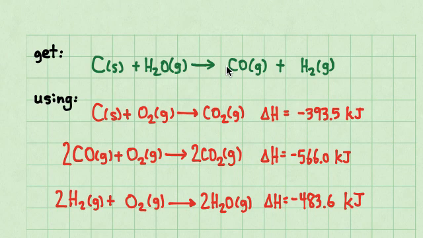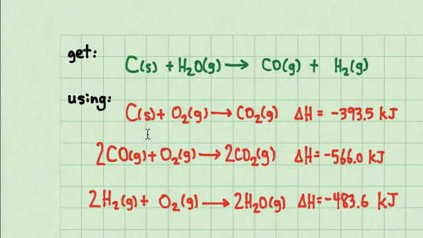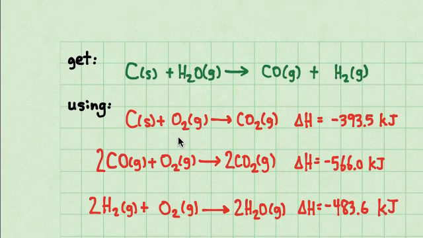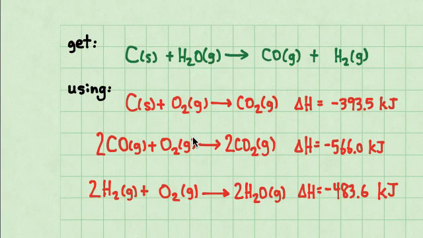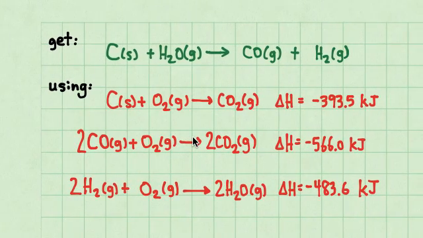So not only will I turn this one backwards to get the carbon monoxide on the right-hand side, but also take it times a half, or divide it by 2. So I'm also going to have to take this delta H number and divide it by 2 as well.